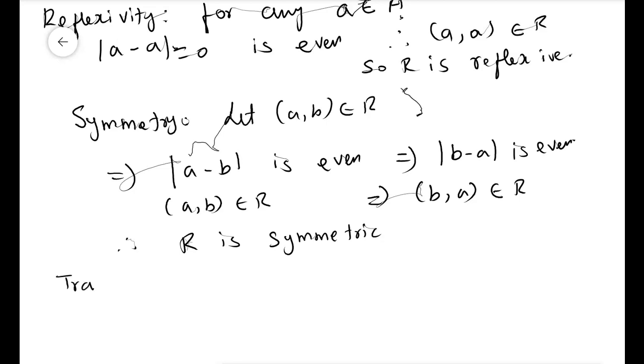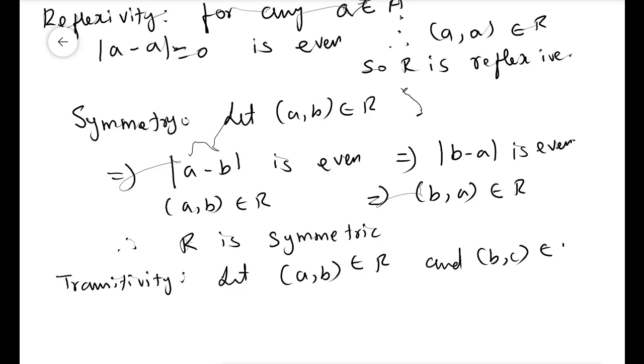Let's check for transitivity. Let (a, b) belongs to R and (b, c) belongs to R. Then modulus of a minus b is even and modulus of b minus c is even.